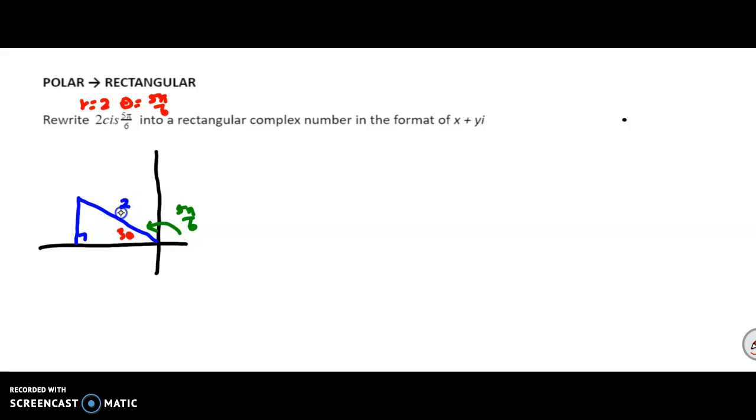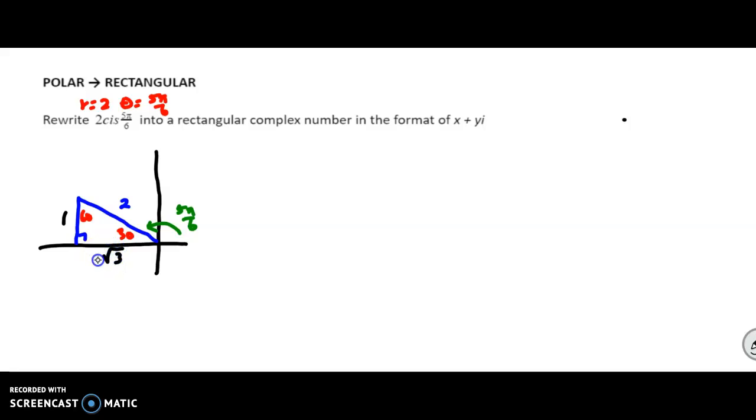Okay. Now, you gotta remember some special right triangle ratios. If this is a 30, 60, 90 triangle, if the hypotenuse is 2, then remember the shortest side is always half of the length of the hypotenuse. So in this case, that's going to be 1, because half of 2 is 1. And then the medium side across the 60 is the shortest side times root 3.